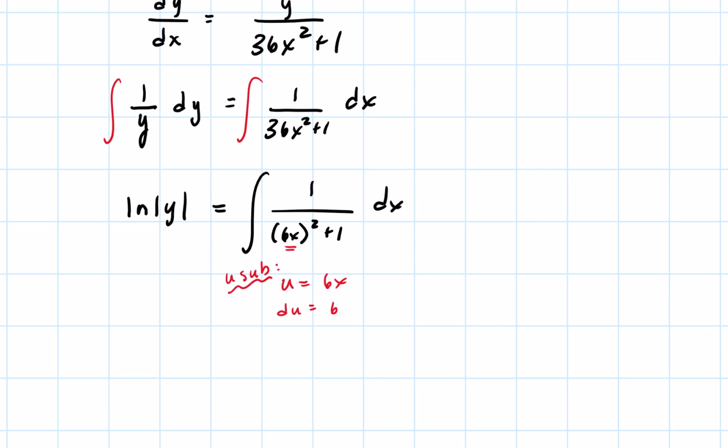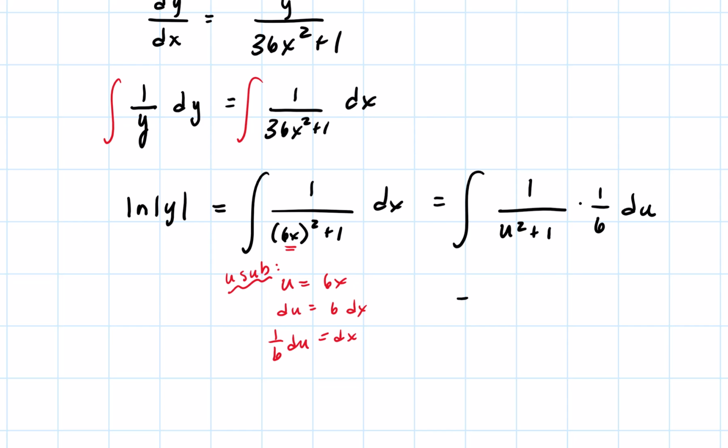So du equals 6 dx. So dx is actually 1/6 du. So I'm going to just rewrite that over here. So this is 1 over u squared plus 1, and my dx is 1/6 du. So when I integrate that, 1 over u squared plus 1 is an inverse tangent.